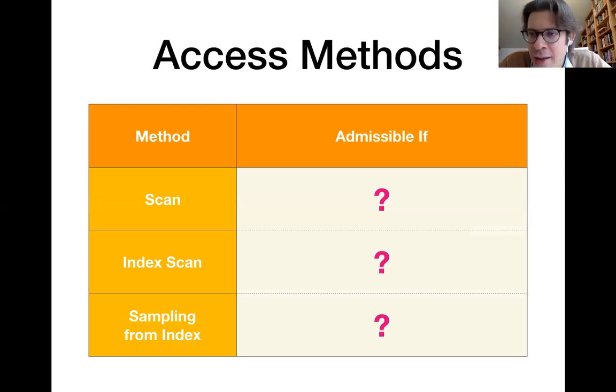You could, for instance, use the index on the student program column, and then we could sample from the entries that are associated with one specific program of study. And then I would get some sample from the corresponding subpopulation. Now, those access methods are admissible under the condition that they produce the data in a random order.